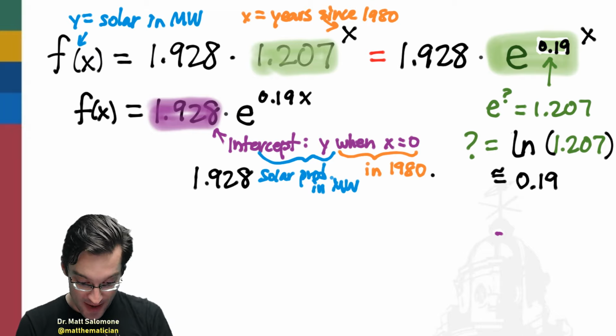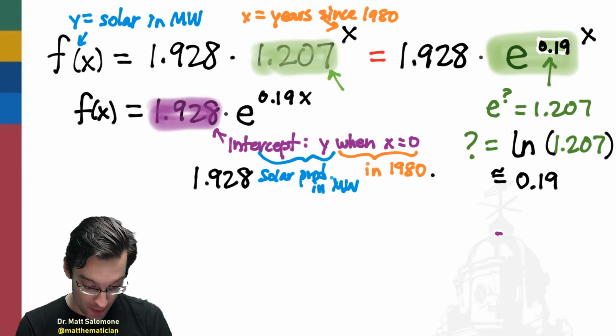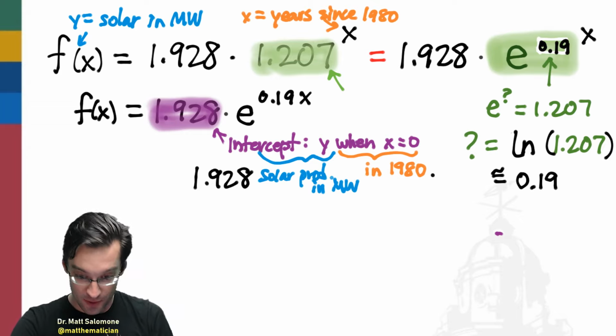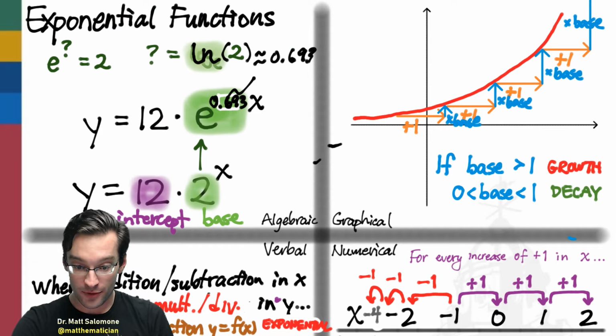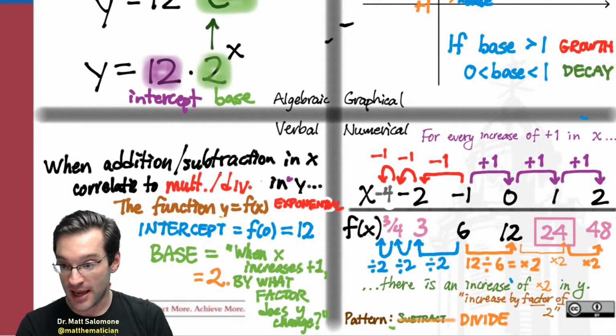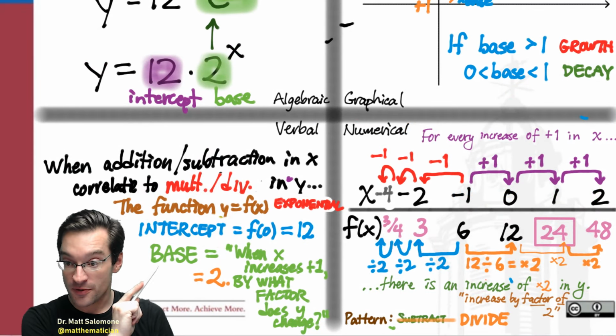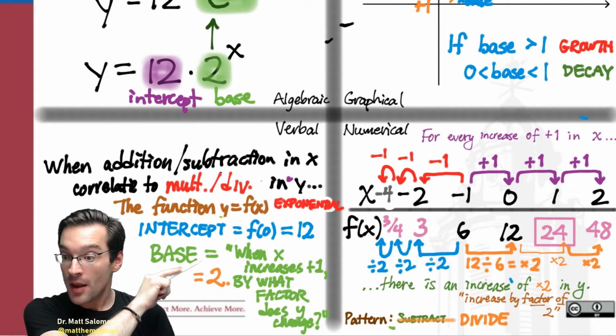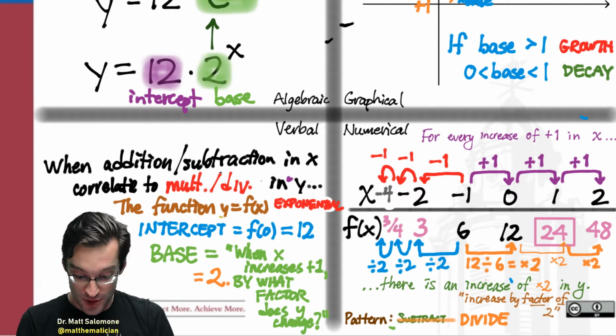Now let's talk about the base. And then we'll get on to the algebra of how to use this model. This base, remember, tells me, if we go back to the interpretation of exponential functions that we settled upon, the base of an exponential function is an answer to the question, when x increases by 1, by what factor is y going to change?